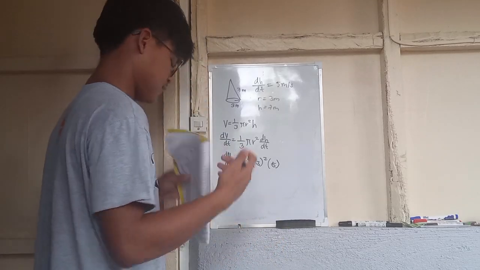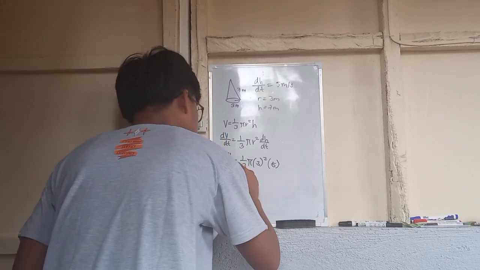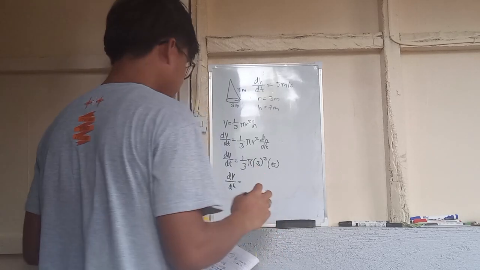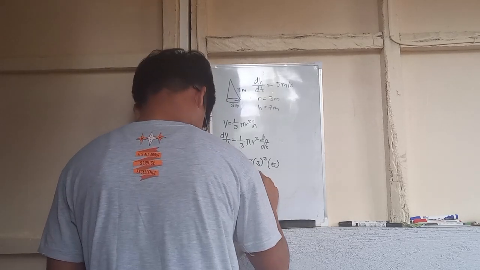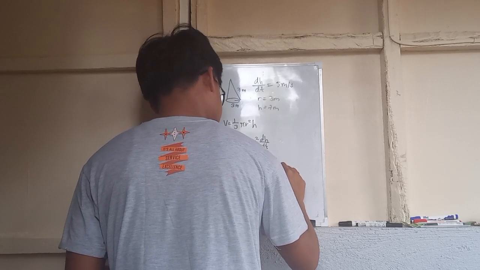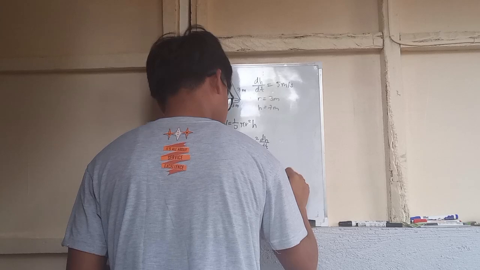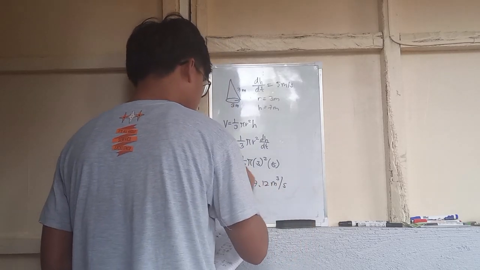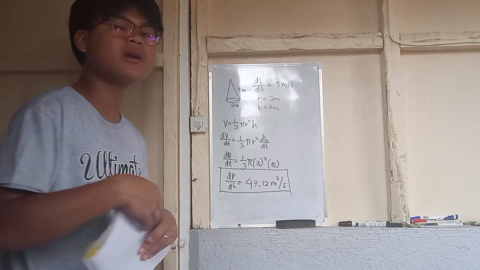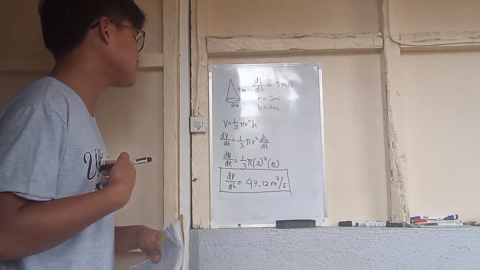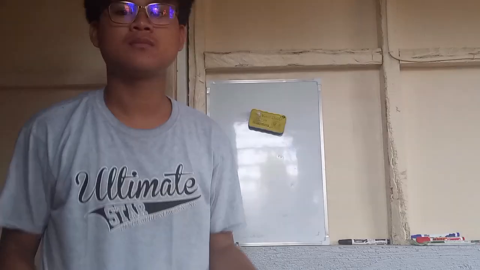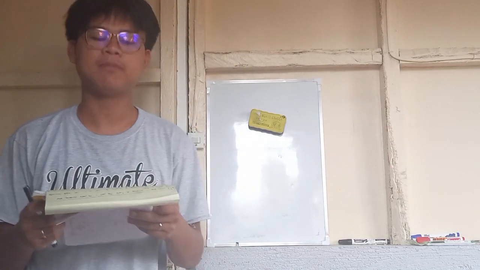So calculate dV over dt, and we can get the value of 47.12 meters cube per second. So now we have the final answer of the rate of the volume, which is 47.12 meter cube per second. So we'll proceed to the next problem.